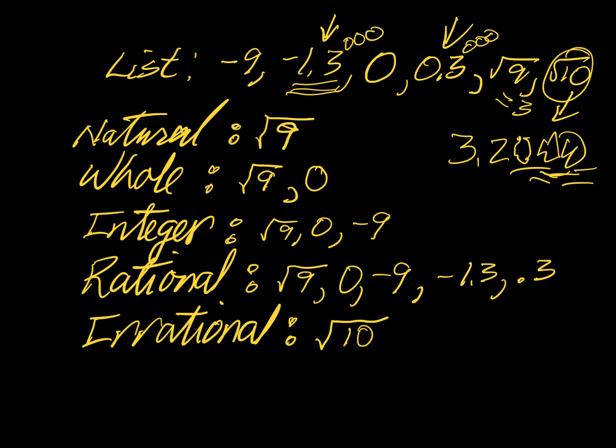And then if it asks me which ones are real, I would list all the numbers, the whole list in this case. Okay? As long as it's rational or irrational, it will be real. Okay? So that's the next kind of problem that you have to deal with. Okay? Alrighty. Let's go to the next thing.